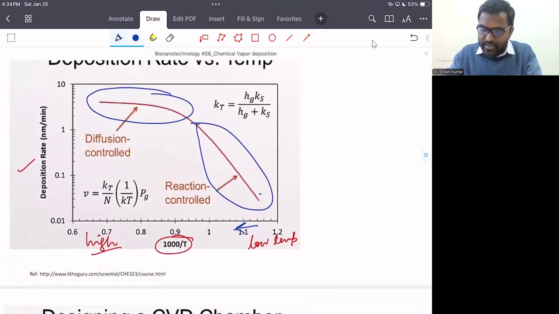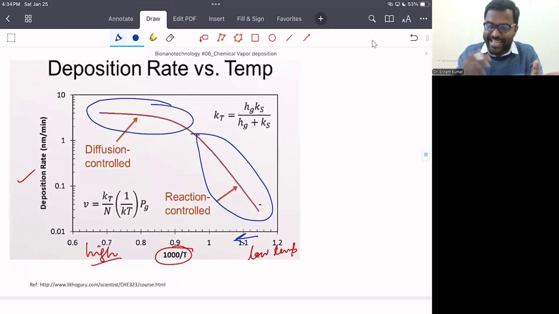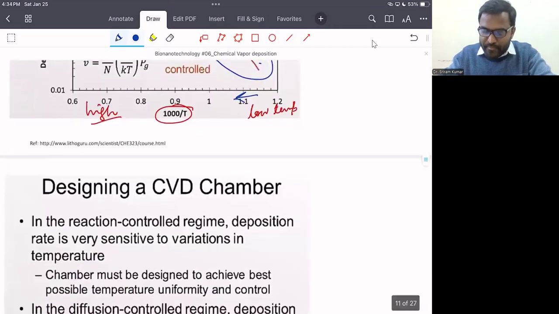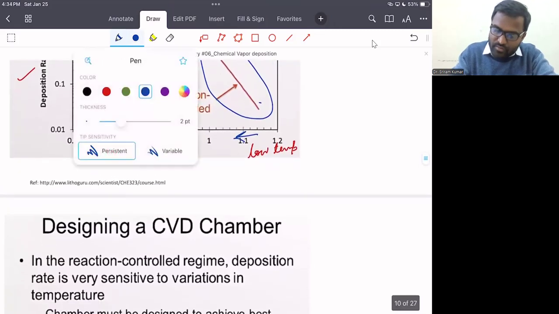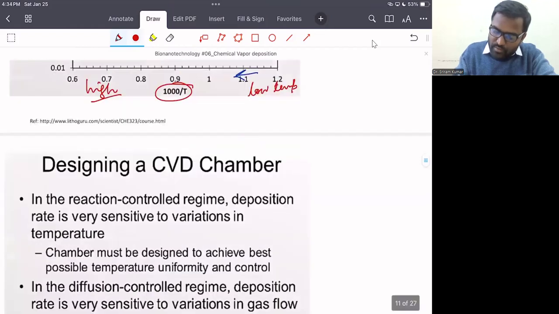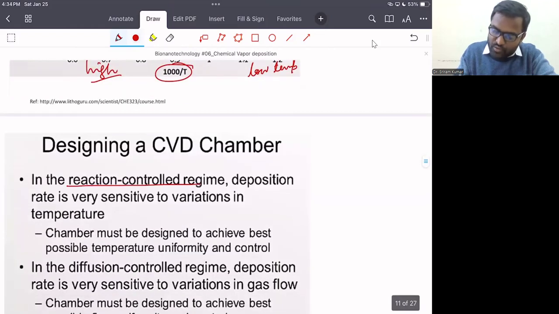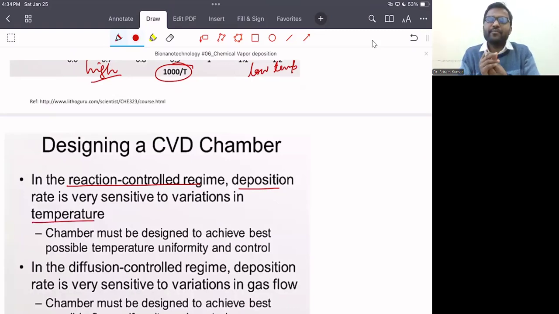Now let's understand, based on the diffusion control process and the reaction control process, how we are going to design the CVD chamber. For the reaction control regime, since the deposition is very much sensitive to the temperature, we need to design a chamber which has uniform temperature and control.